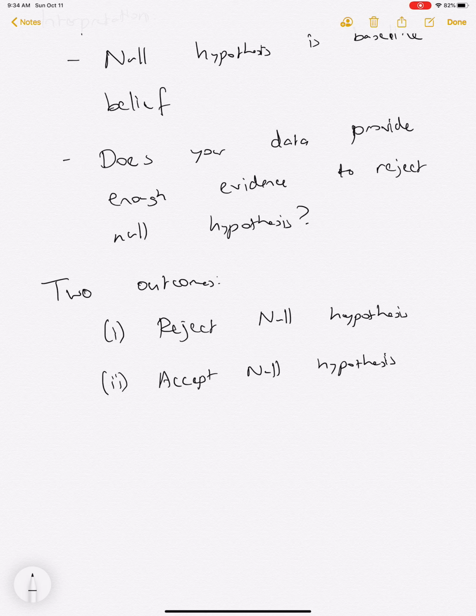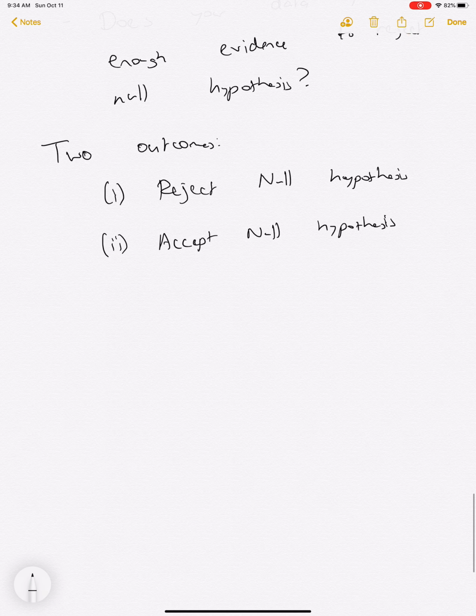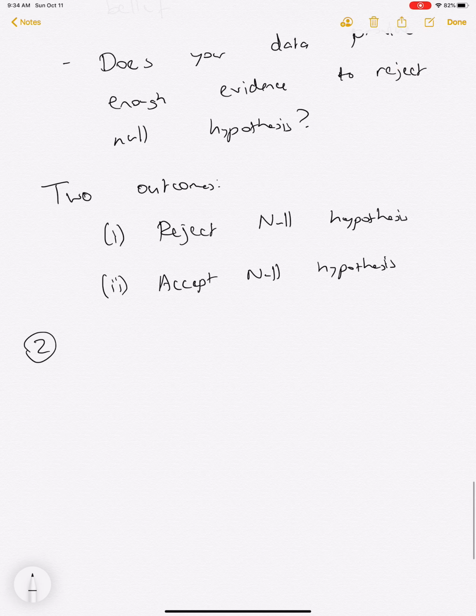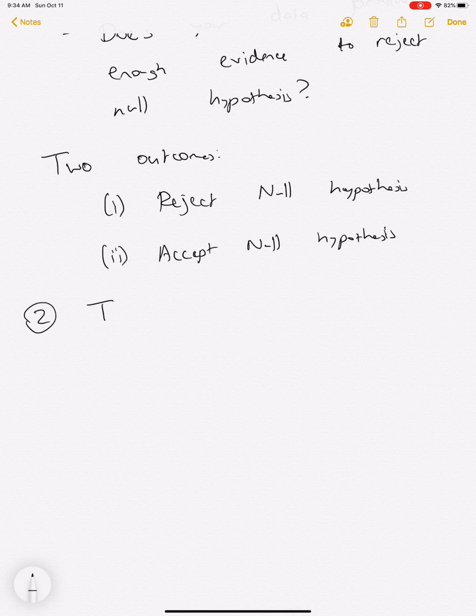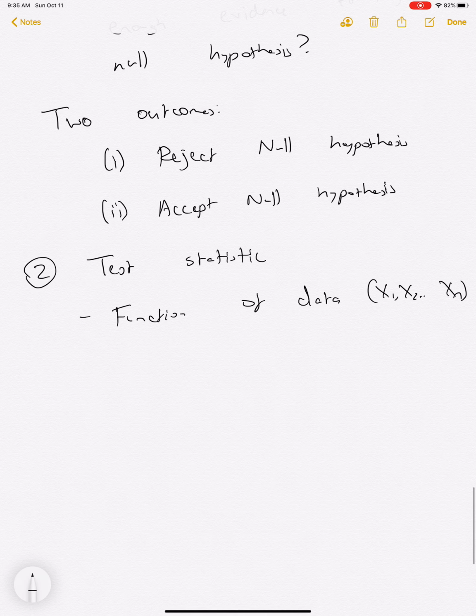Okay, so the next key component is the test statistic. This is going to be a function of our data, x1, x2 up to xn. So we can call that T of x1, x2 up to xn.